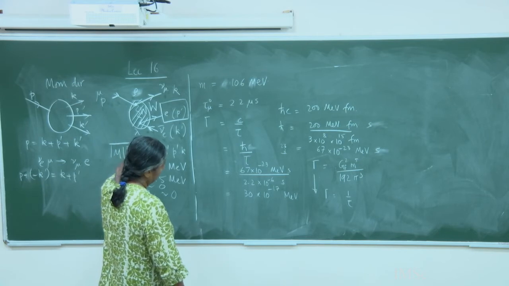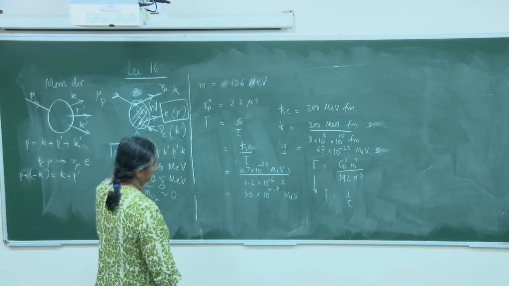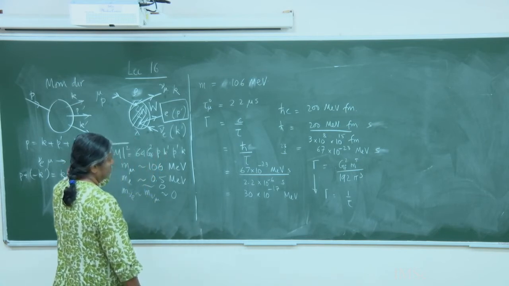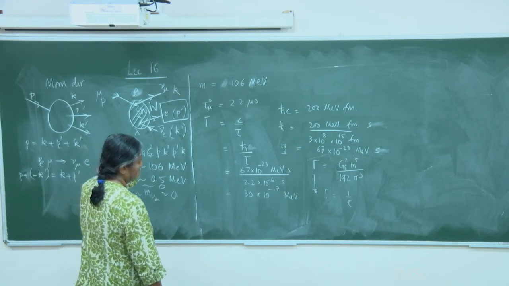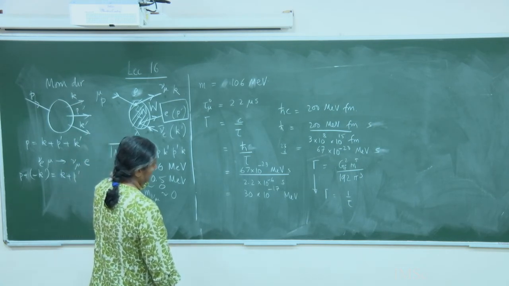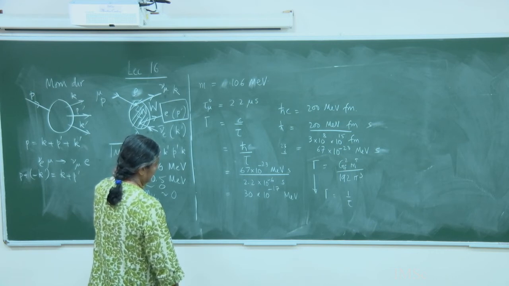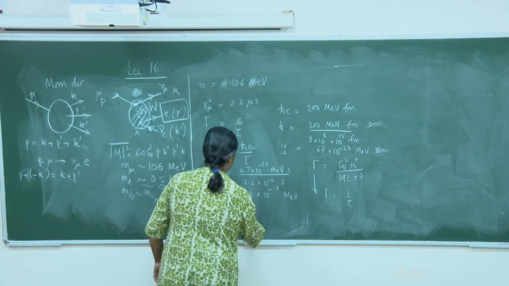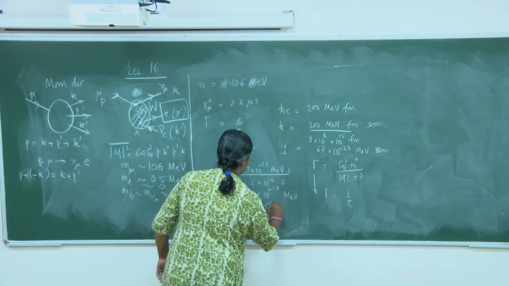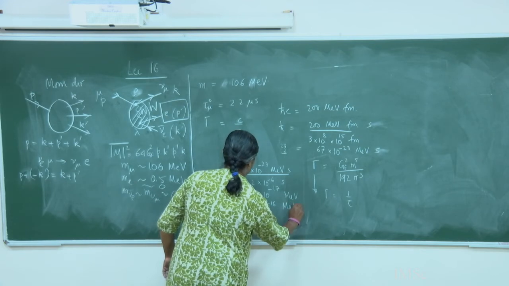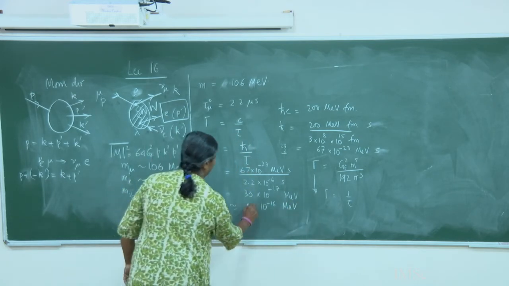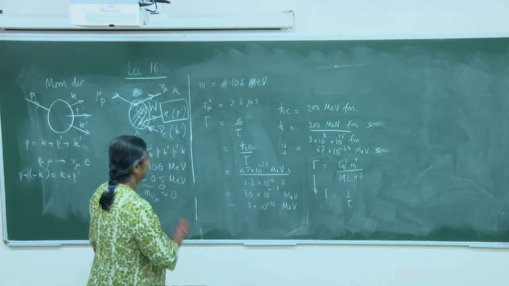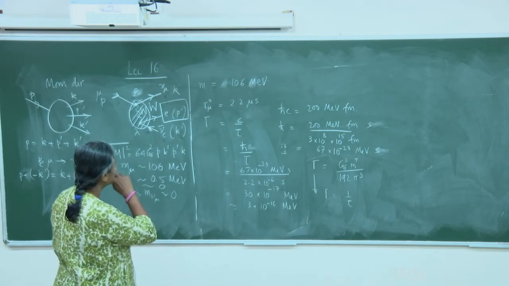Right? Which is around 10 power minus 16, minus 16 eV. Something is wrong over here. What have I done wrong?